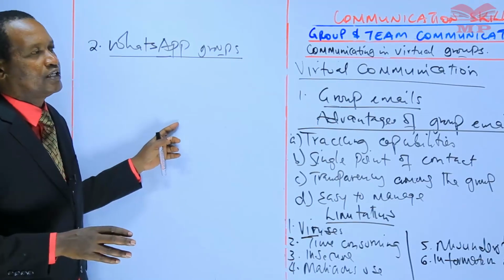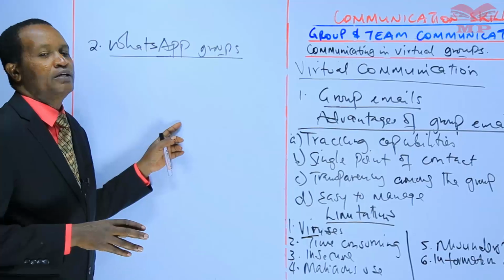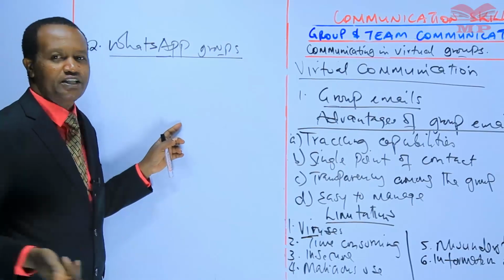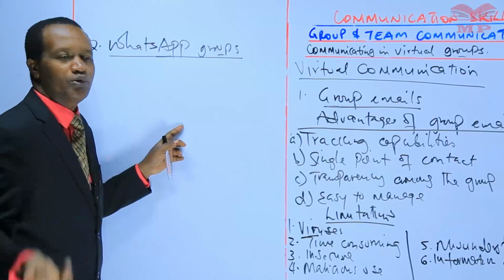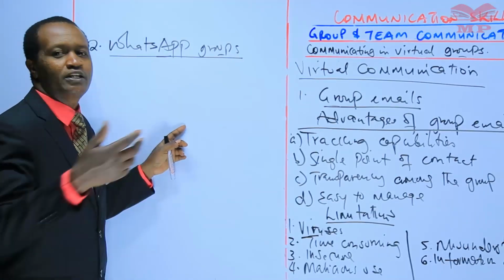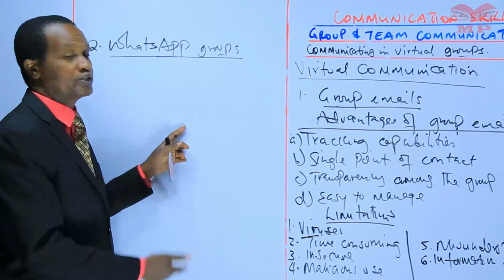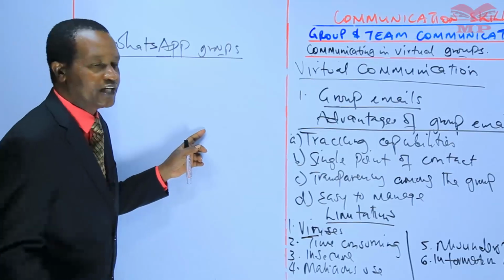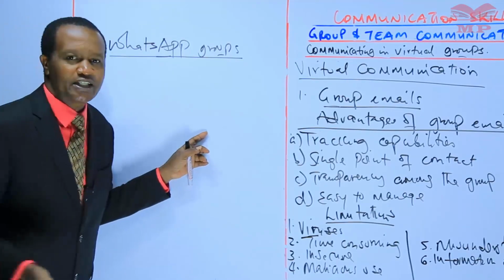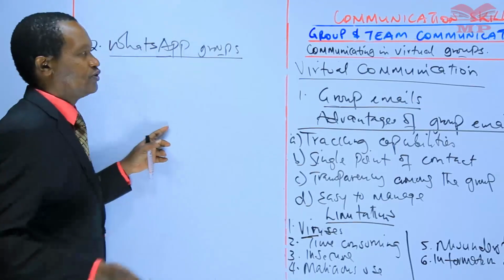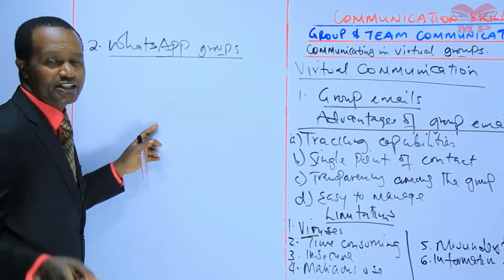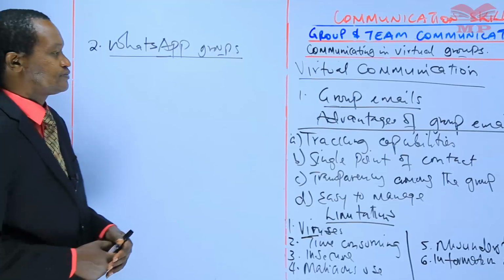And apart from the exchange of text messages, WhatsApp allows the members to send photos, videos, audio files, contact data, as well as even the current location of the user. It's possible to know the current location of the user.